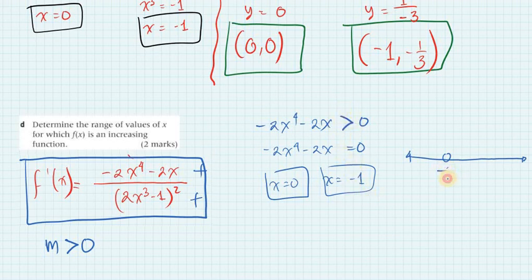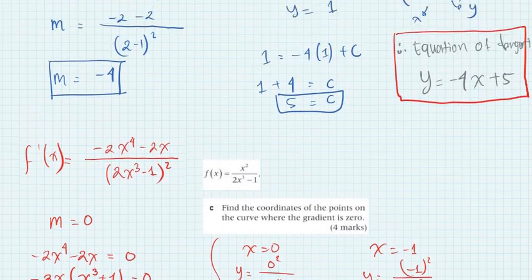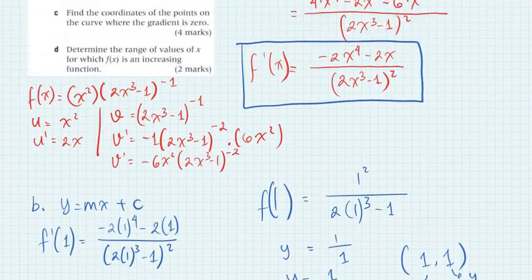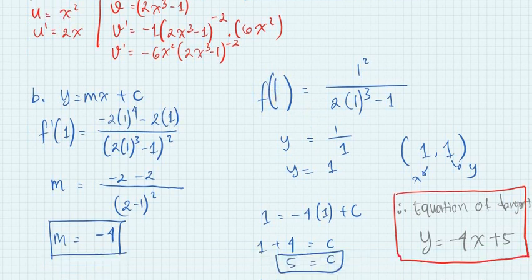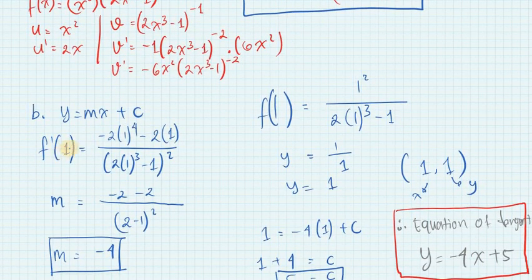So from negative 1 until 0, we need to test which value will give us a positive value, which is more than 0. I think we already tested that once with this one. When x equals 1, the gradient is negative 4. When x equals 1, the gradient is negative.